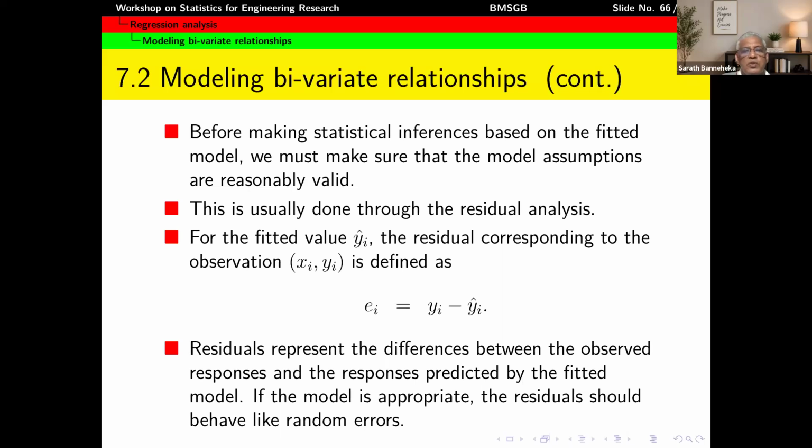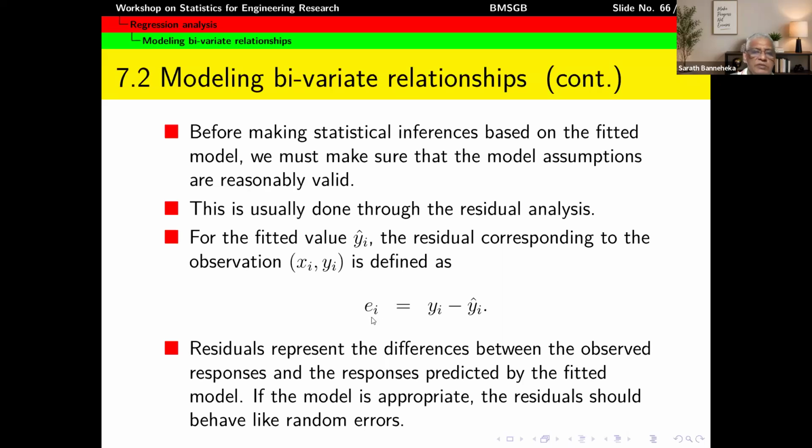The residual corresponding to the observation xi, yi is defined as yi minus yi hat, where yi hat is the fitted value. Sometimes people denote it by ei or ri. The correct word is residual actually. Some people call it the error, which is why they use ei, but error is not the correct word in this case.